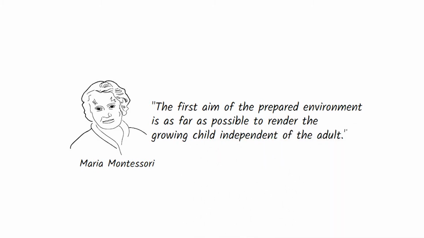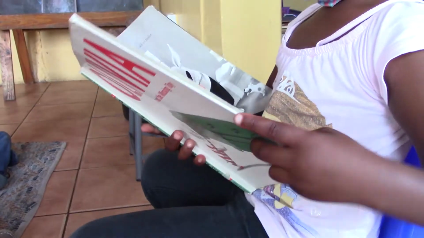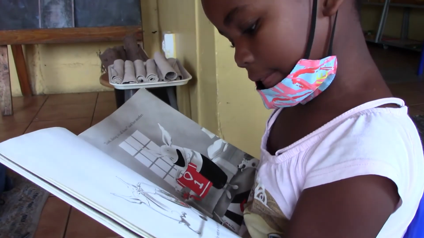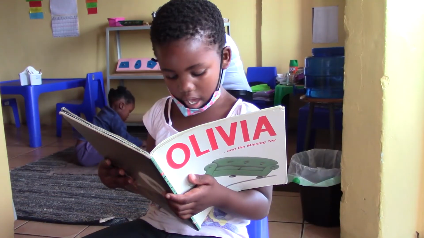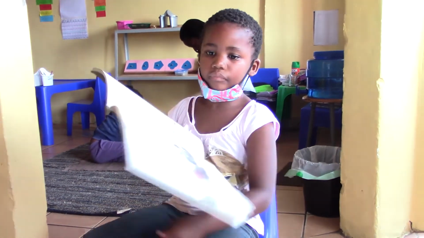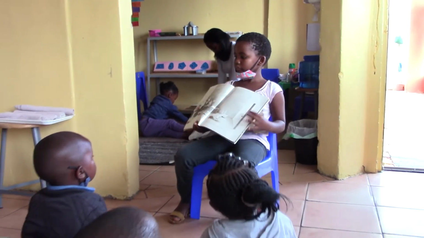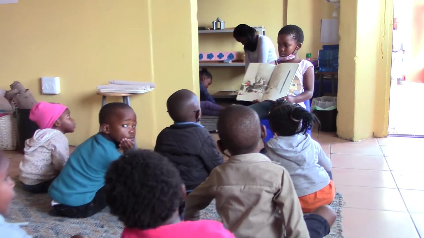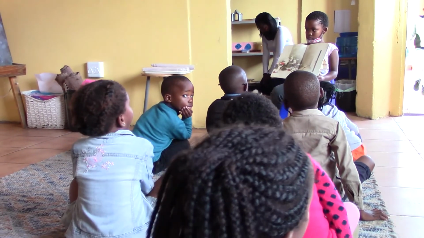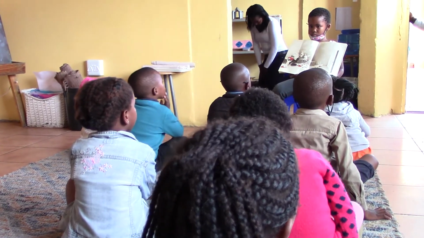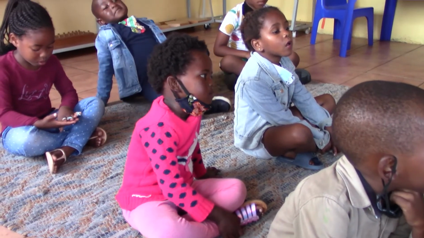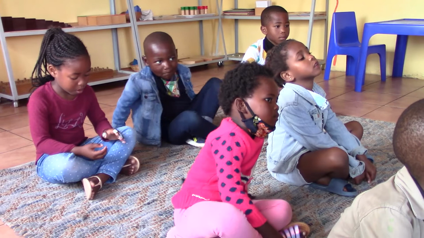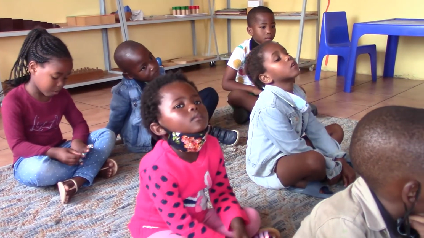Another aspect of the prepared environment is that of the trained adult. A trained adult and a group large enough of children with mixed ages make up an important part of the prepared environment. It's preferable in a Montessori prepared environment to have a higher adult-child ratio than can sometimes be found in other environments.